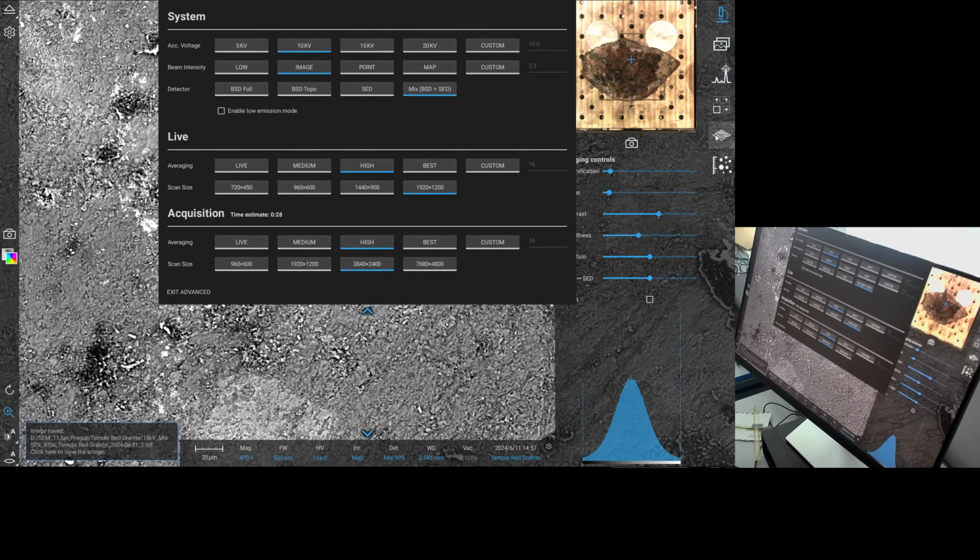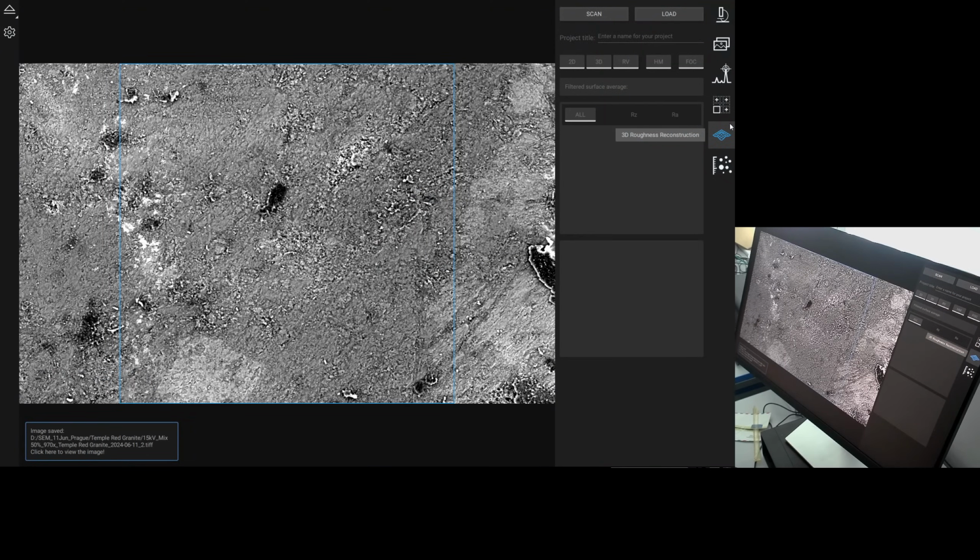I think we'll take a 3D map of it to see the variance in the height. This sample only just fitted in the chamber. Only just.